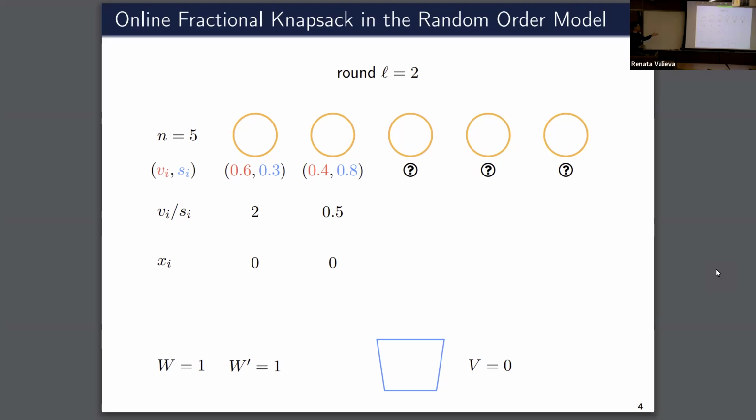But the good thing is that now we have seen some items. We have some idea of what the instance looks like. And as we go through items, the intermediate solution gets closer to the final one. So at the end, we'll of course see the optimal solution. But at this point, we just see some intermediate solution. And based on that, we can decide whether to pack the next item or not.